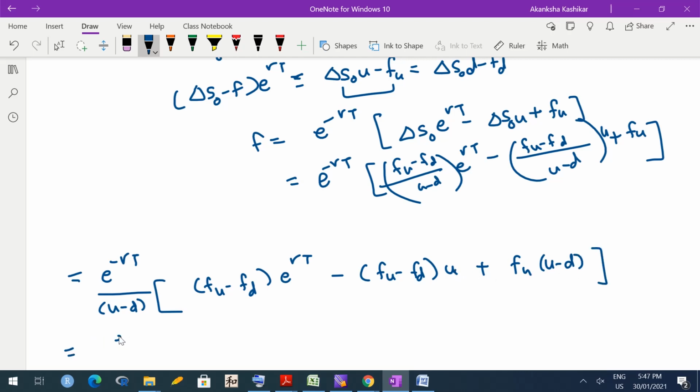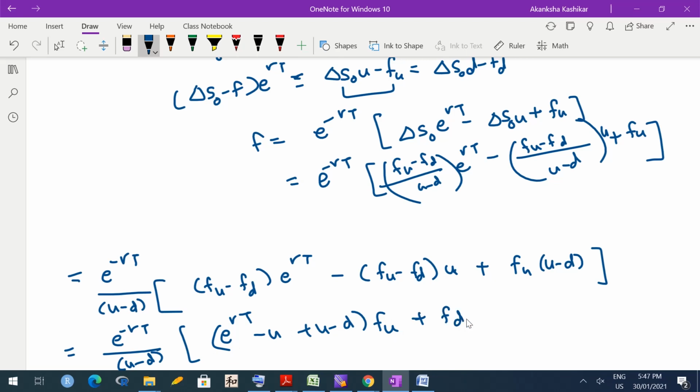So I have e raised to minus RT upon U minus D. For FU, if I combine, I have e raised to RT from here, then minus U from here, and then plus U minus D. And for FD, taking the plus sign, I will have U from here and then minus e raised to RT from here.